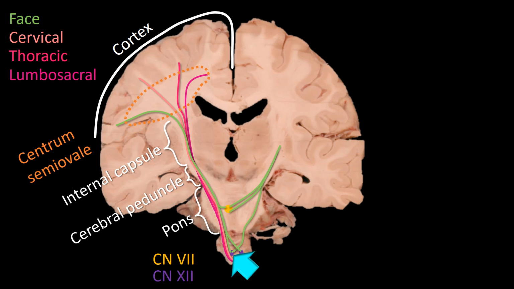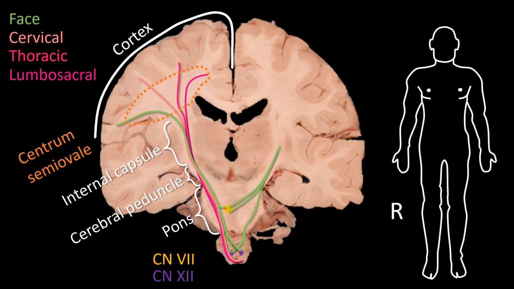I have now included the left corticobulbar fiber going to the right hypoglossal nucleus and left hypoglossal nucleus. I have now added the figure of a body. R corresponds to the right side. I will use this figure to indicate the areas involved by lesions at different locations.